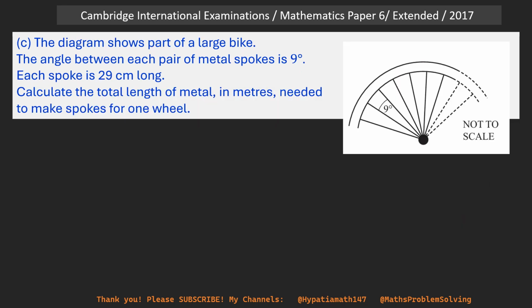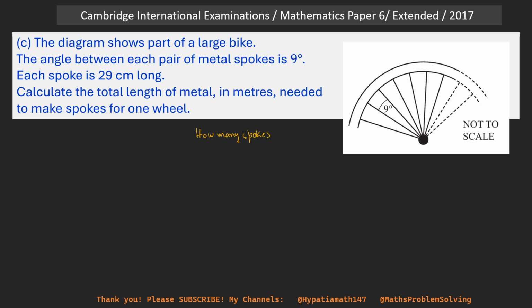For the next part, the diagram shows part of a large bike. The angle between each pair of metal spokes is 9 degrees. Each spoke is 29 centimeters long, and we need to calculate the total length of the metal. The first bit is how many spokes are there.